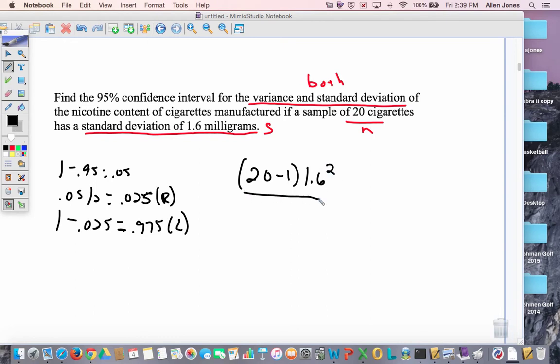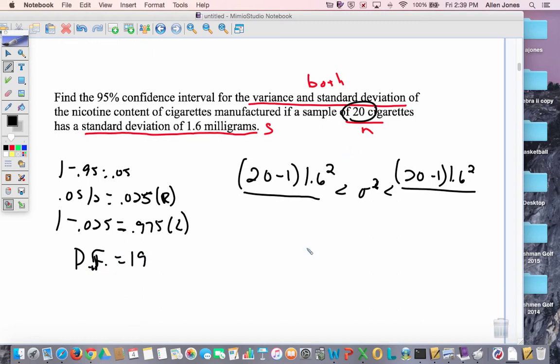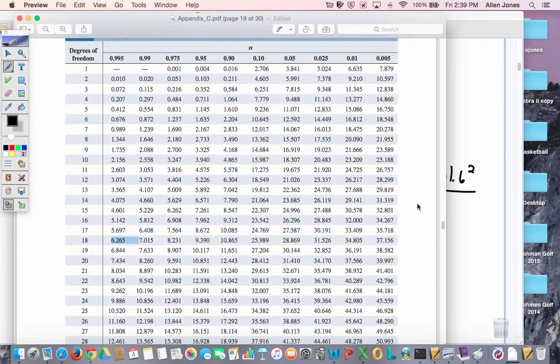Note that the 1.6 is a standard deviation, so to make it the variance, we have to square it. Calculate our variance first. So 20 minus 1 times 1.6 squared. Our sample size is 20, so our degrees of freedom are 19.